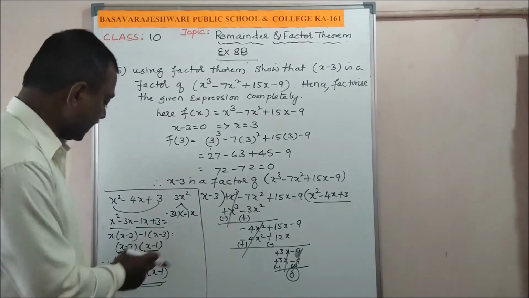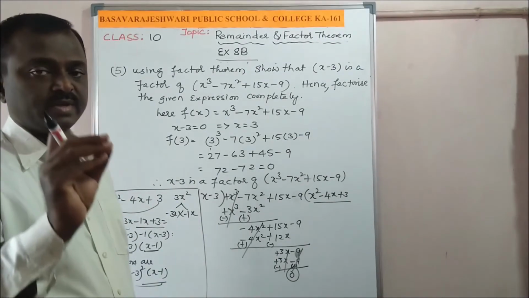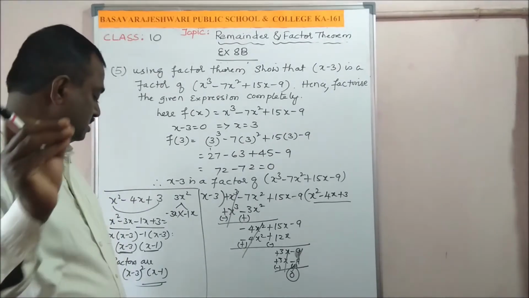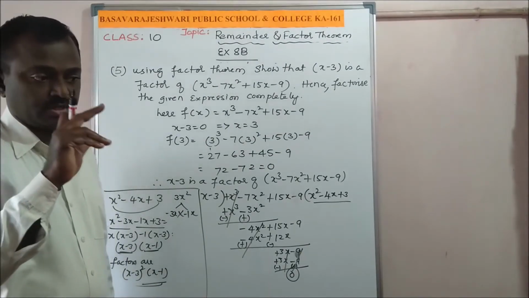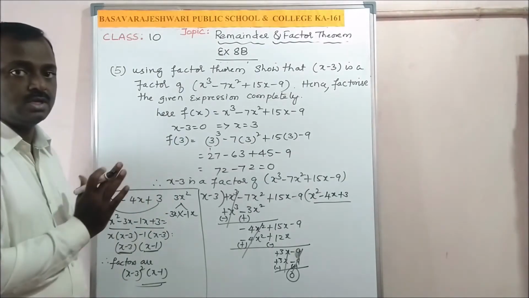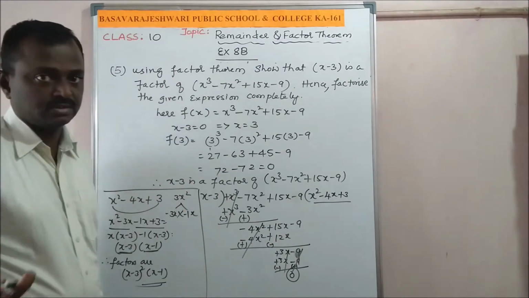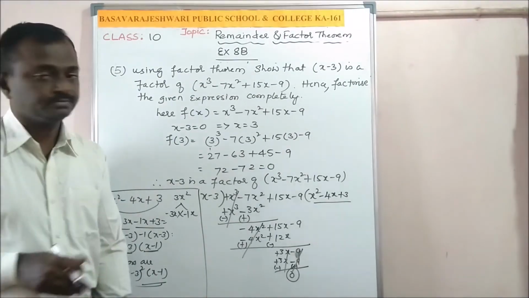You have to write in the brackets properly: x minus 3 into x minus 3 into x minus 1. Don't multiply and keep the answer. So you have to factorize completely. In terms of factors, we have to write. Note down this.